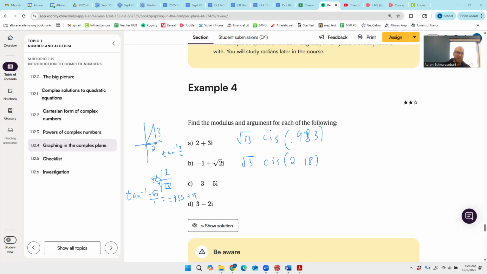So we can go all the way around, 2 pi. It's less than pi, because that's this angle. Pi is 180 degrees, so we haven't gotten all the way to pi. So we're less than 3.14.